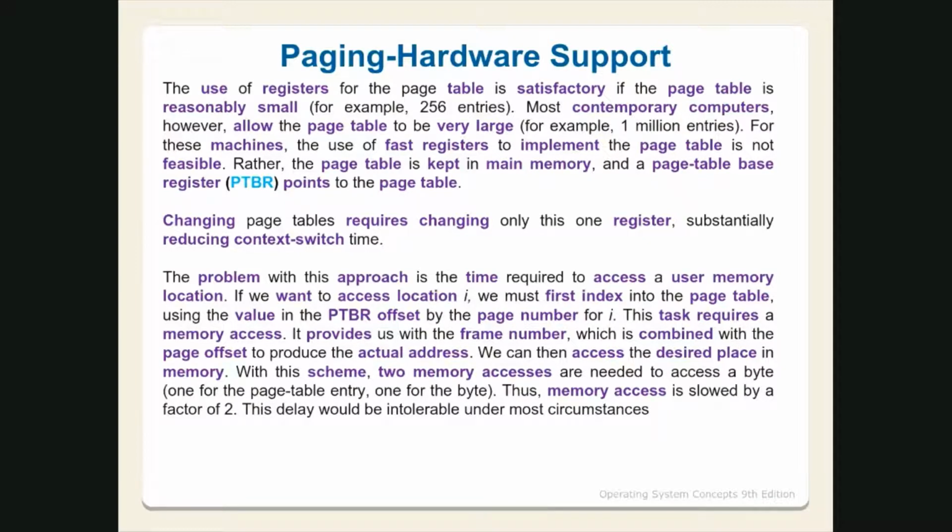Keep the page table inside your physical memory, the main memory, and make use of one register. That register is a pointer to the page table in main memory. What do you mean by pointer? It contains the address in main memory where your page table starts. That's the idea of the page table base register.